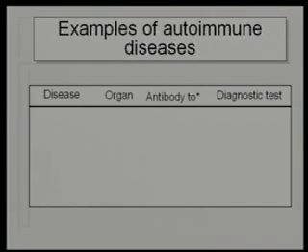I'm going to give you a whole list, and the last page of your handout has got a big list of different autoimmune diseases. What do you want to do? Memorize it all? Well, you need the information, but I'm going to give you a trick. When I say Hashimoto's thyroiditis, there is no secret what organ is involved.